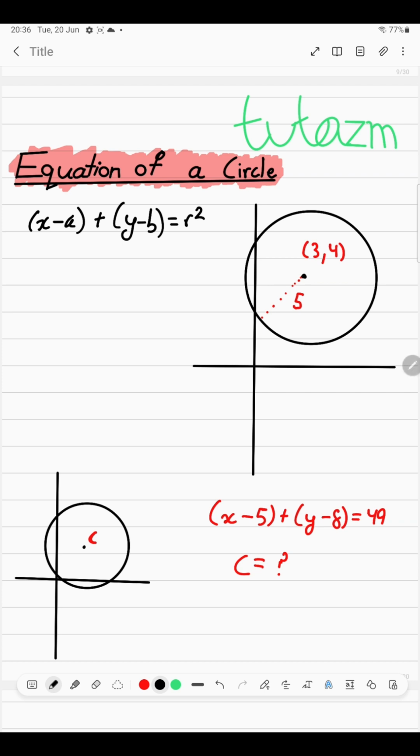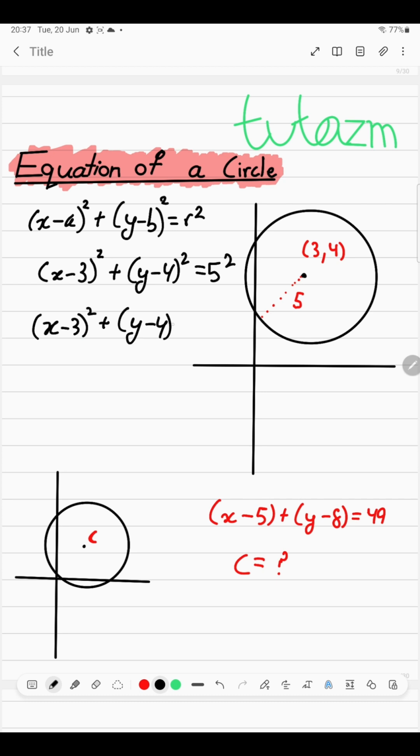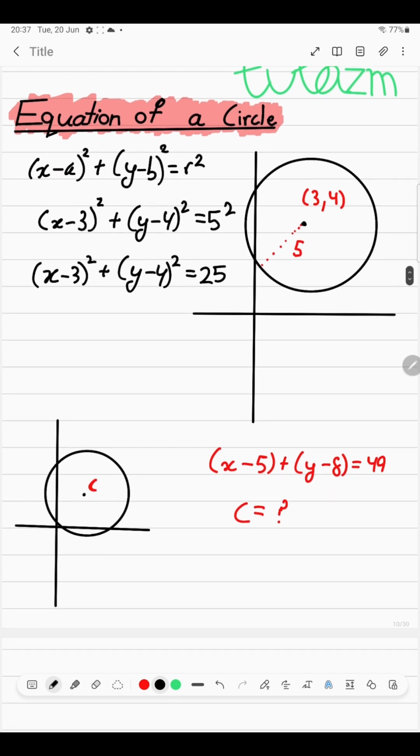So if you have a look at this circle on the right, the equation of this circle would be (x minus 3) squared plus (y minus 4) squared is equal to 5 squared, or (x minus 3) squared plus (y minus 4) squared equals 25.